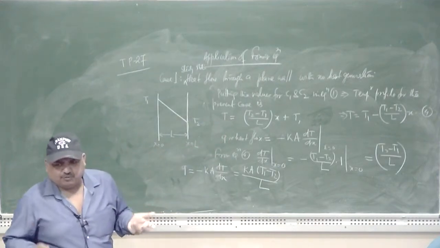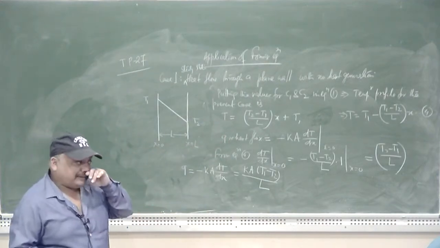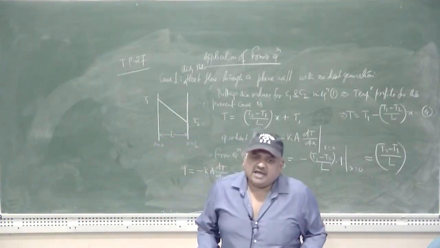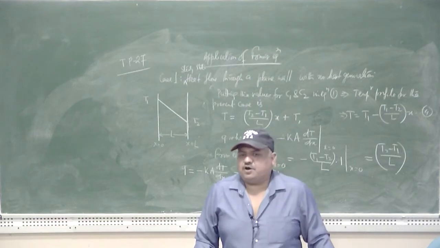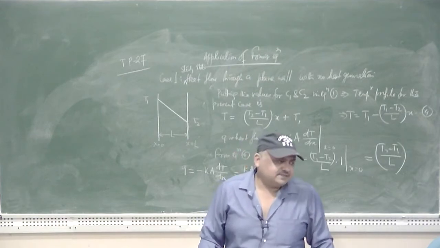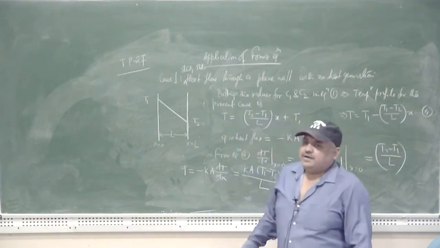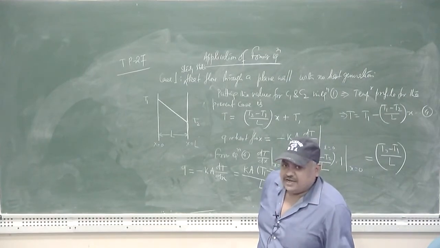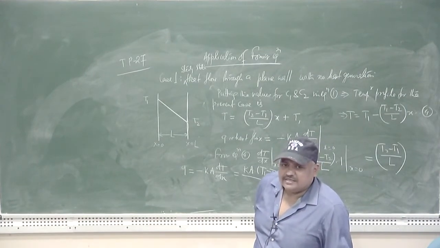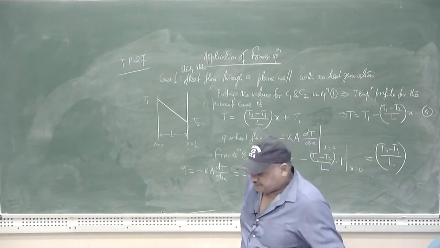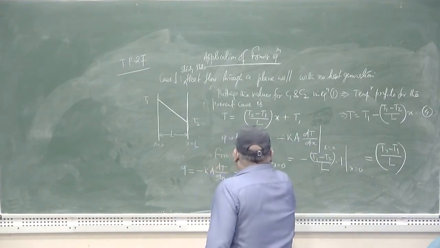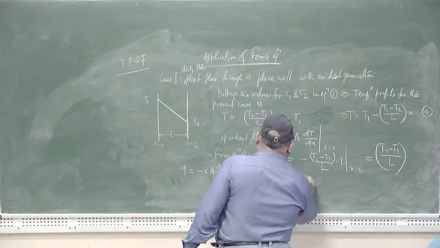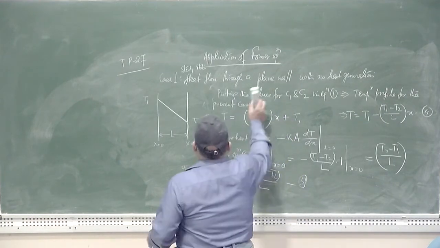This expression seems to be very simple in nature, but it generates a new idea regarding the concept of thermal resistance, and also it leads to the concept of equivalence in an electric circuit as well as in a thermal circuit. So let it be equation number 5, and we will start the discussion from equation number 5 itself now.